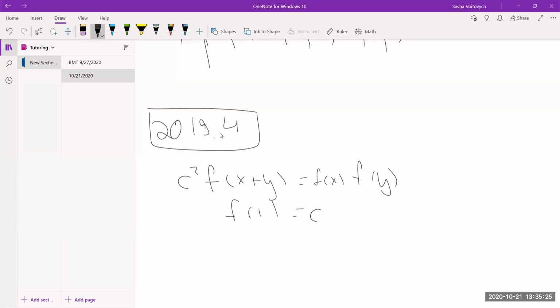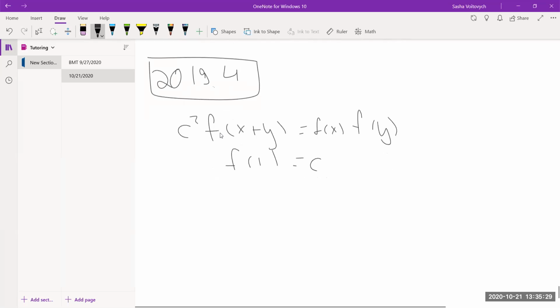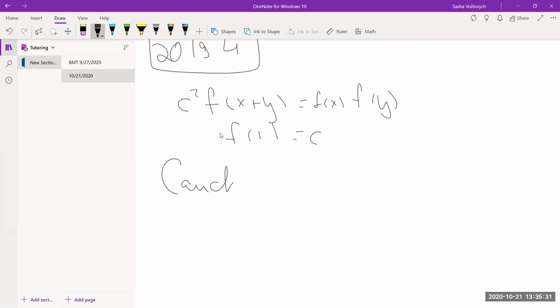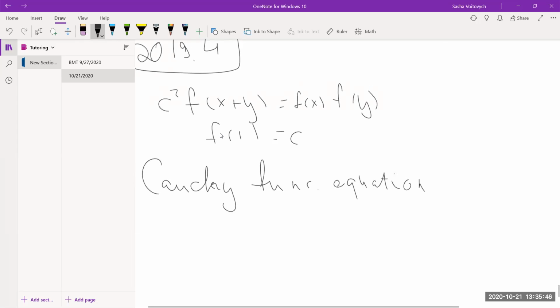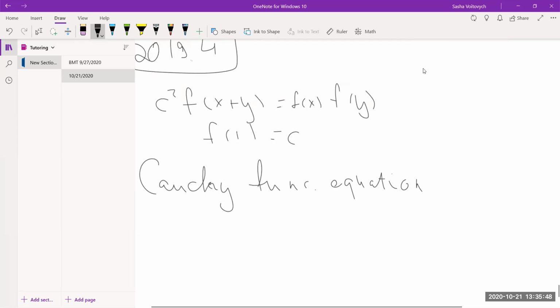To me, this looks terribly similar to what's called a Cauchy functional equation. It is a very famous thing. You can Google it. It's on Wikipedia and stuff.